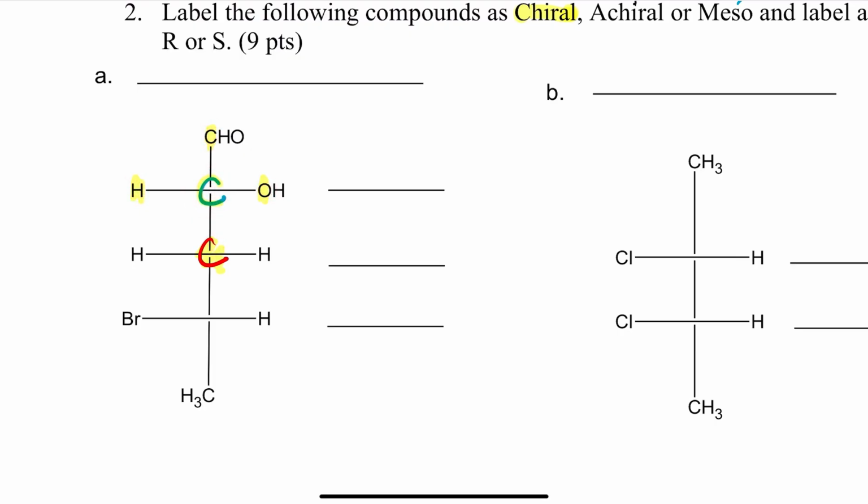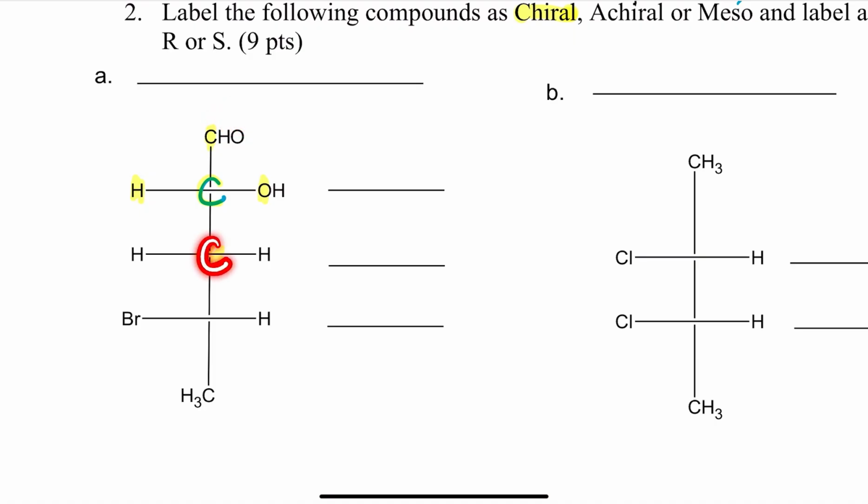Is it 4 different things? Well, it sounds like no, because hydrogen and oxygen are different, and that's different than carbons, but it's connected to 2 carbons. But that's fine, because are these carbons connected to identical things? This carbon is connected to a hydrogen and oxygen.